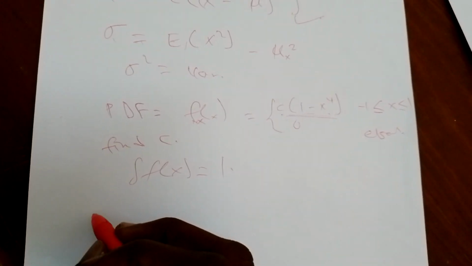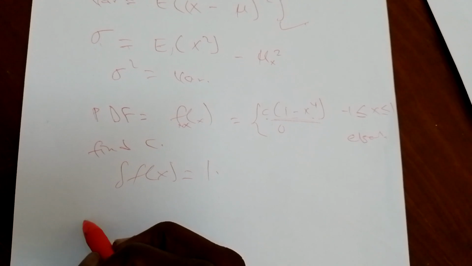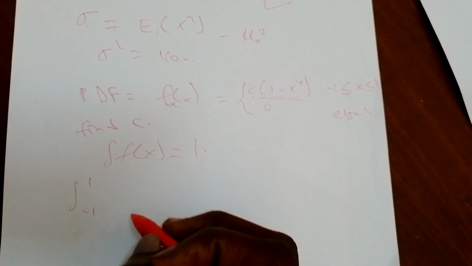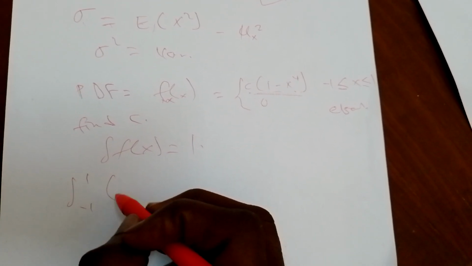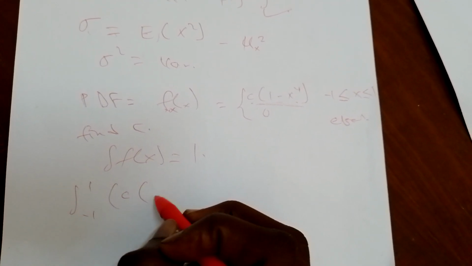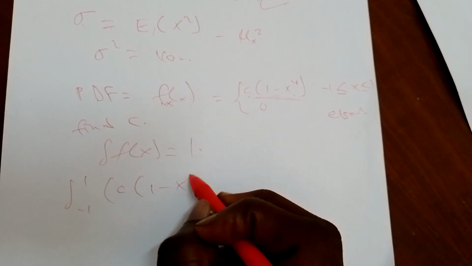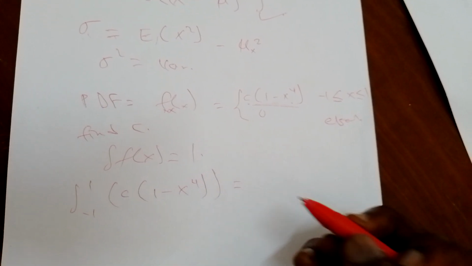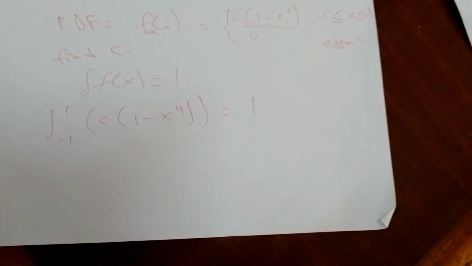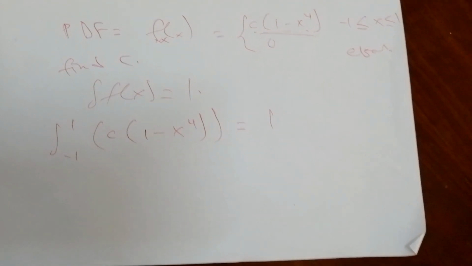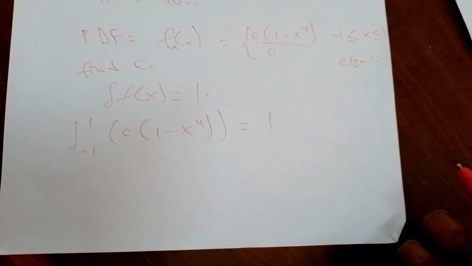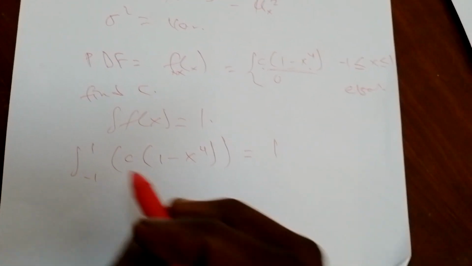So we say that the integral from minus 1 to 1 of c multiplying 1 minus x power 4 equals 1. So in this case, we are assuming that c is a constant. Okay, we assume that c is a constant. If c is not a constant, then we are doomed.